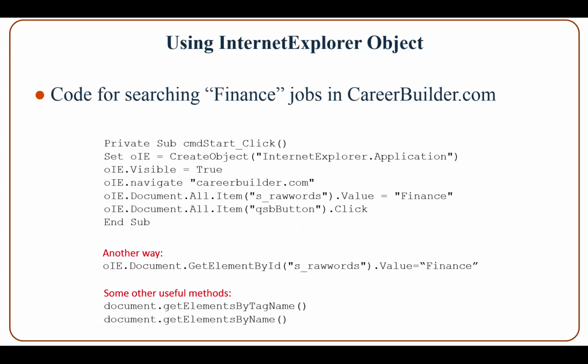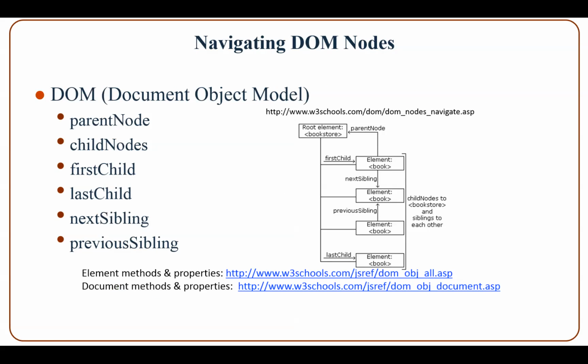There are some other useful methods, such as getElementsByTagName, getElementsByName, and by class as well. This page illustrates how you go from an element to another using the document object model. Starting from the root element, the first child of the root element points to the first child, and the parentNode property of this element refers back to the root element.